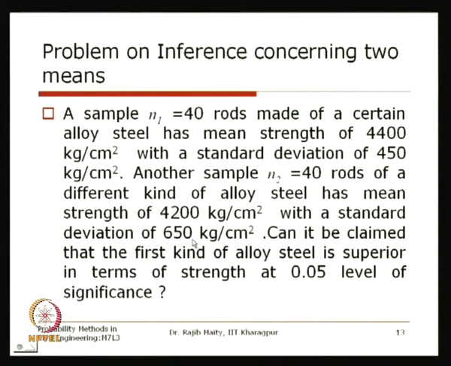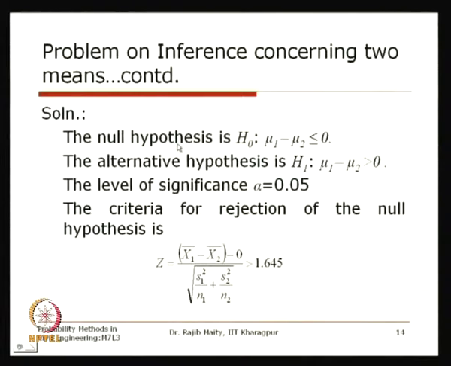So statistically we have to test whether the first alloy steel is really superior to the second one. Here the null hypothesis is that mu1 minus mu2 is less than or equal to 0, where we have placed delta equals 0. The alternative hypothesis is mu1 minus mu2 greater than 0. That means we are testing whether mu1 is greater than mu2 or not, and the significance level is 0.05.